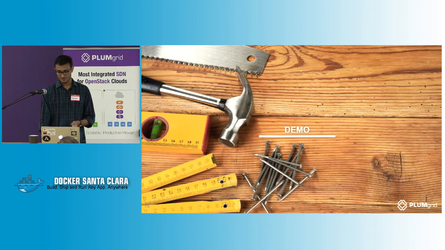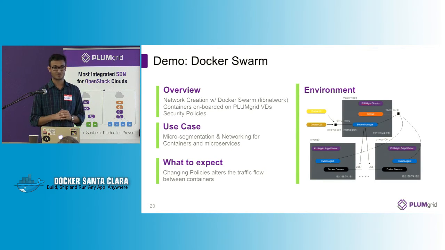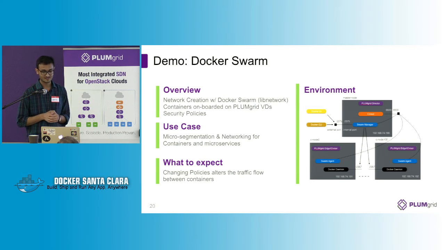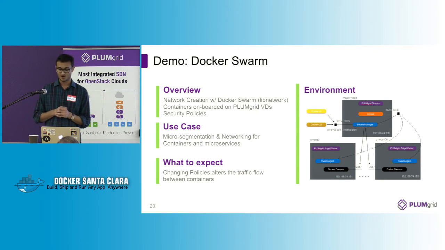So with that, in the demo, my environment is a 3-node setup. I'm using the latest Docker Swarm release. I'm running the latest Plum Grid release, Plum Grid ONS 5. I have a Swarm cluster with the Swarm Manager running on one node.